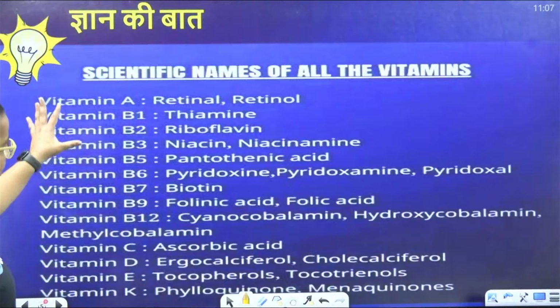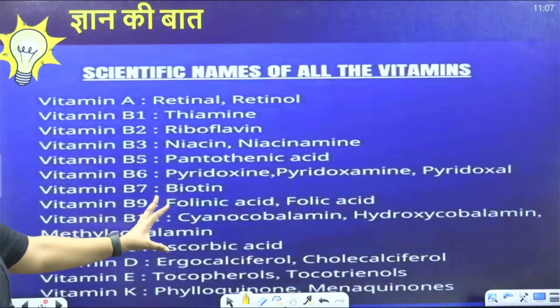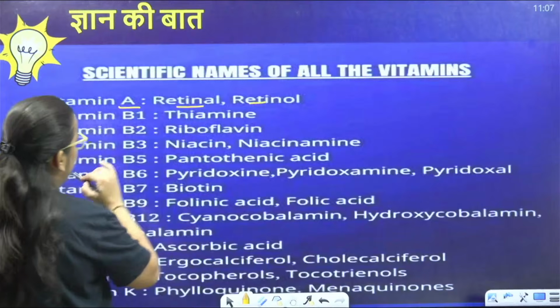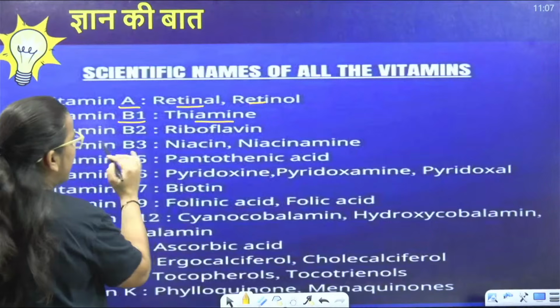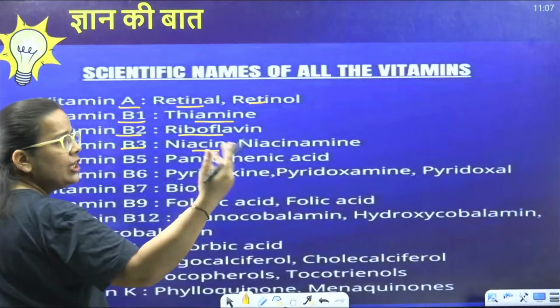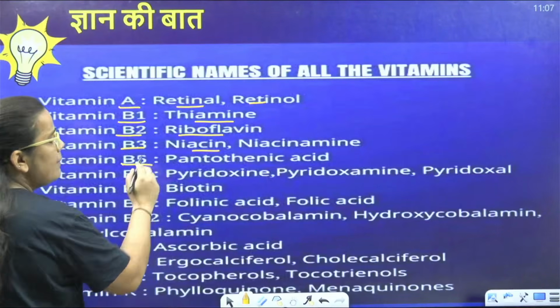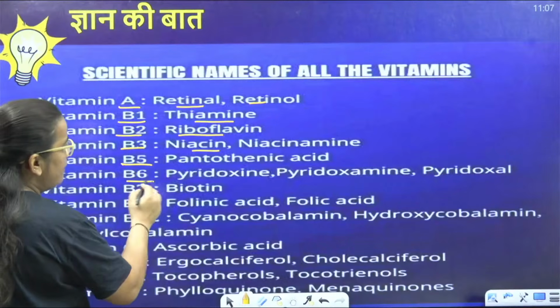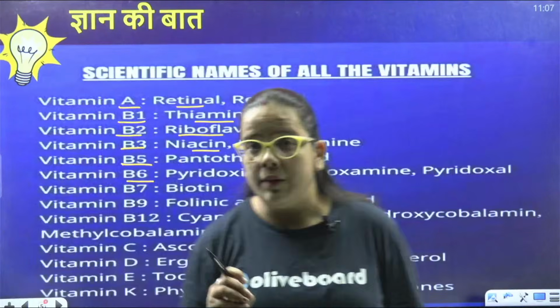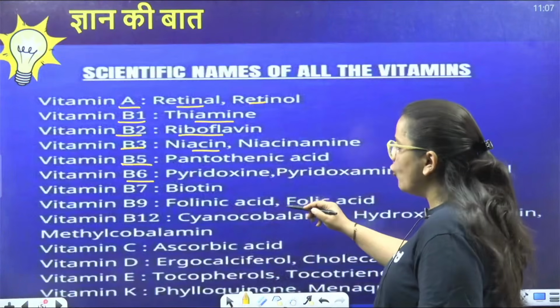Now, there are scientific names of all the vitamins, guys. For example, vitamin A, retinol. Vitamin B1, thiamine. Vitamin B2, riboflavin. B3, niacin or niacinamide. Vitamin B5, pantothenic acid. Vitamin B6, pyridoxine. Vitamin B7, biotin. Vitamin B9, folic acid.